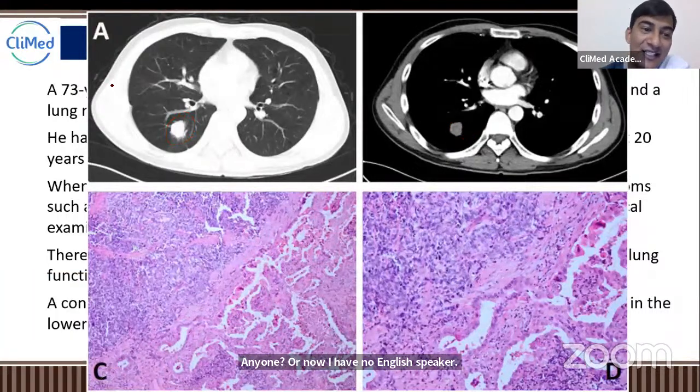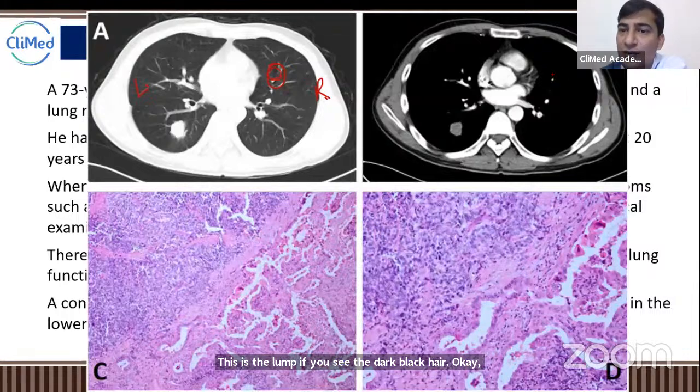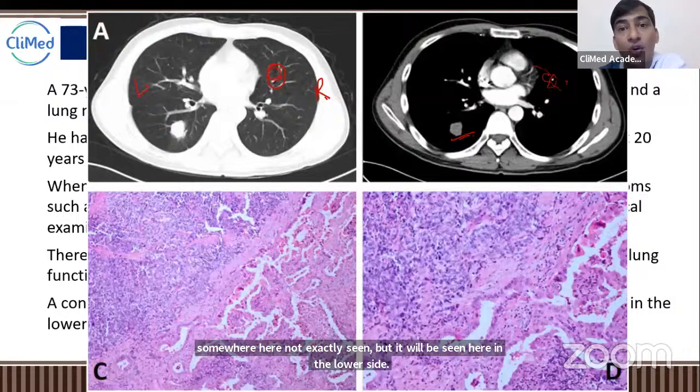Guys, see, this is the left side, this is the right side. This is the cancer here, this is the lump. If you see the dark black here, this is the cancer. It will be seen somewhere here in the lower side. This is not the cancer, this is some other organ.